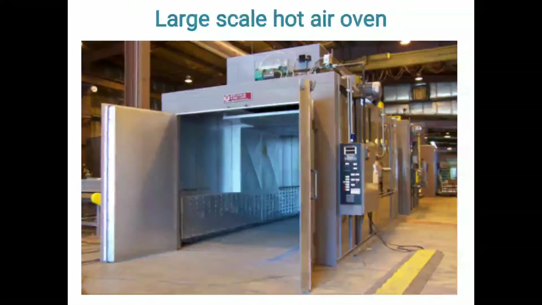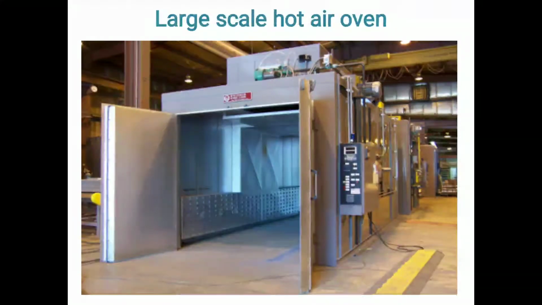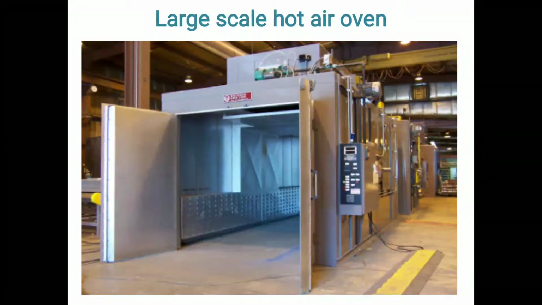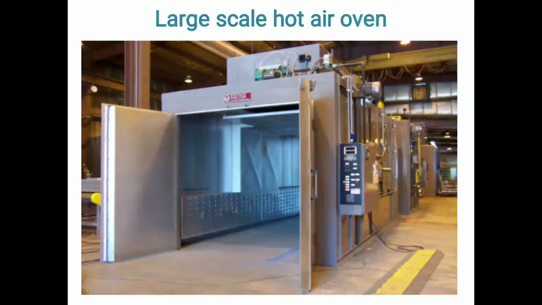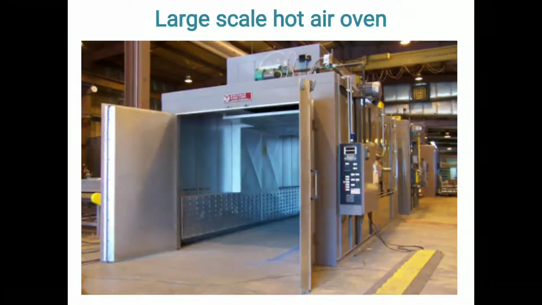After cooling is over, we can open the door and unload the materials from the hot air oven. Likewise, dry heat sterilization using a hot air oven is one of the widely used methods of sterilization within pharmaceutical industries.